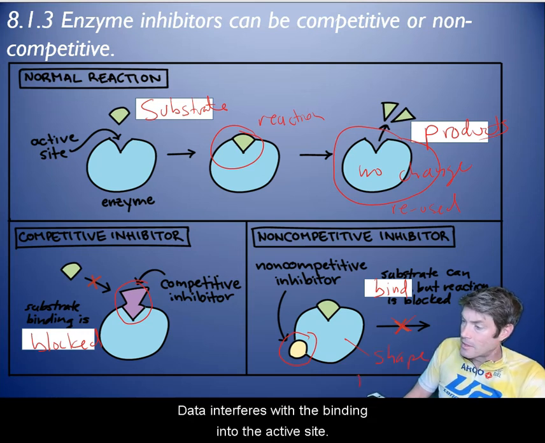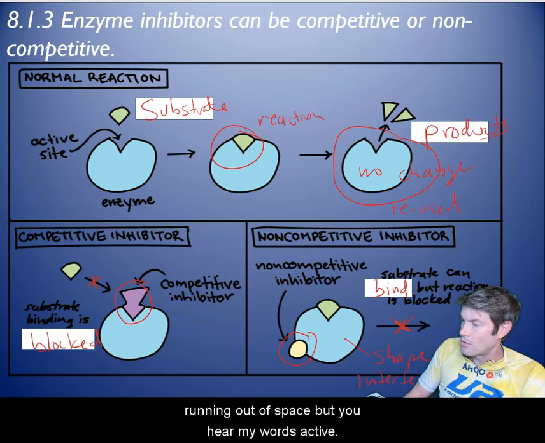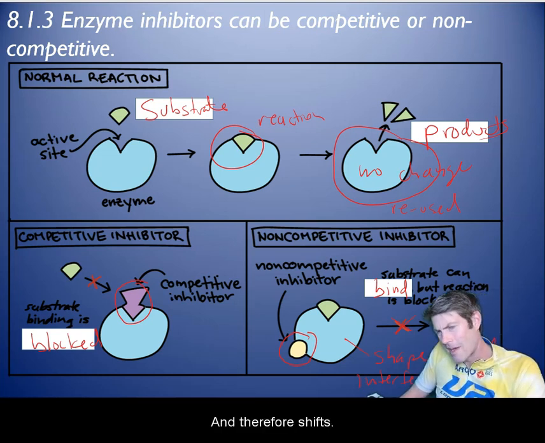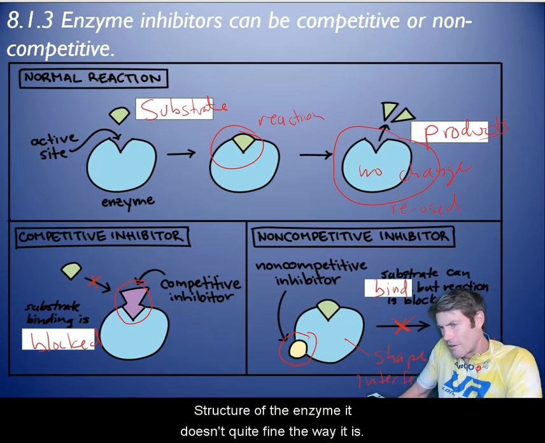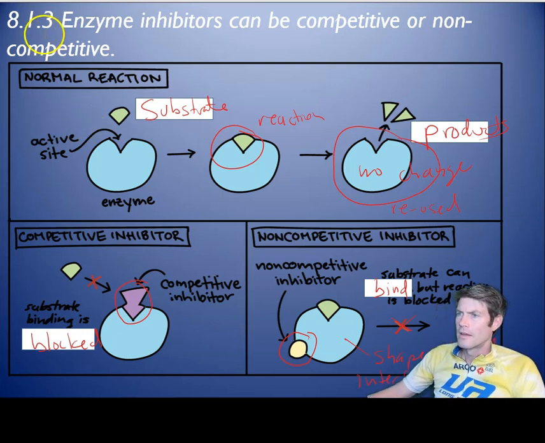That interferes with the binding into the active site, and therefore it kind of shifts the structure of the enzyme, and it doesn't quite bind the way it should. All right, that's it for part 1.